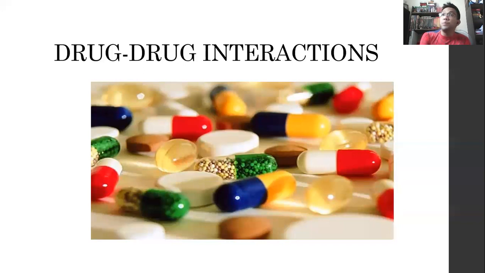Let's say, for example, a patient is taking iron supplements for the treatment of iron deficiency anemia. Iron supplements have a synergistic effect with another supplement, which is vitamin C. So vitamin C can increase the efficacy of iron supplements.